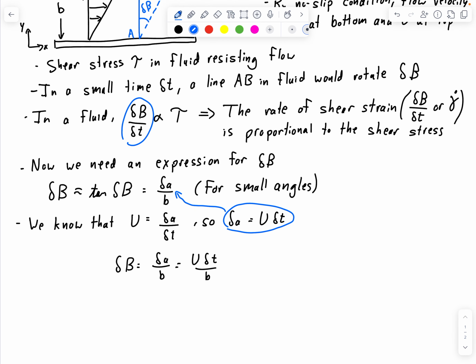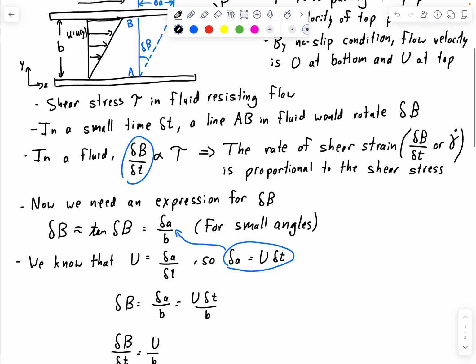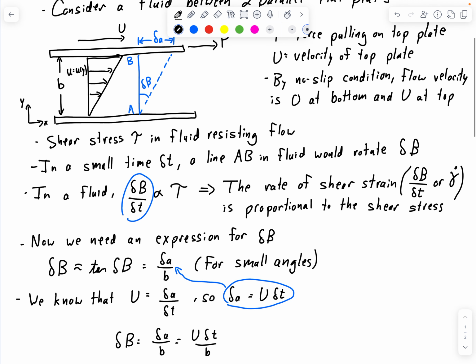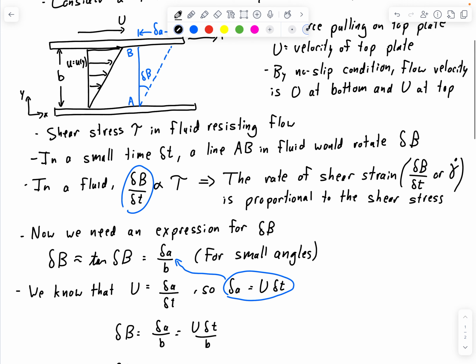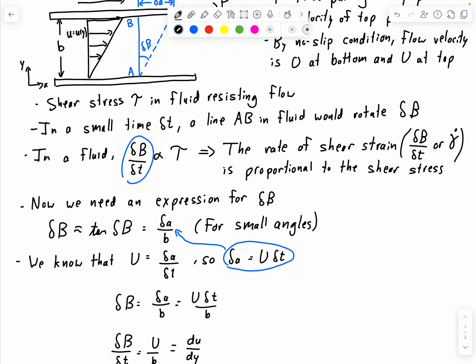If we divide both sides by delta t, we find that delta beta by delta t is equal to capital U over b. So capital U over b is simply the velocity of the top plate divided by the distance. And we can basically say that that's equal to the gradient of the flow, du by dy. That's how much the flow changes between the top plate and the bottom plate.